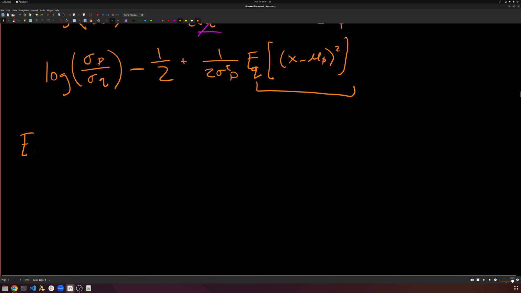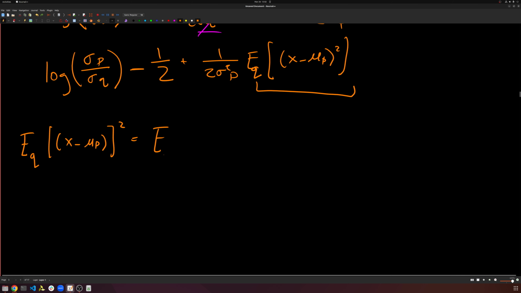So the expectation with respect to Q of X minus mu P squared. What we know is that it'd be really convenient to have a mu Q in there somewhere, right? So if we want it, why not just introduce it?